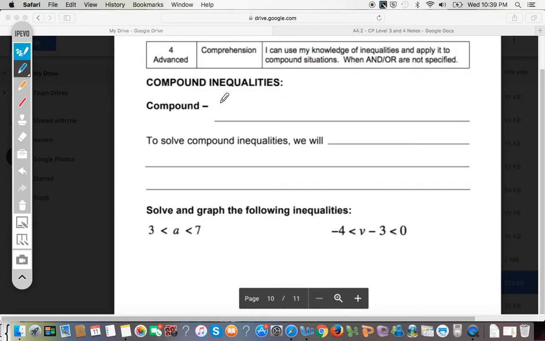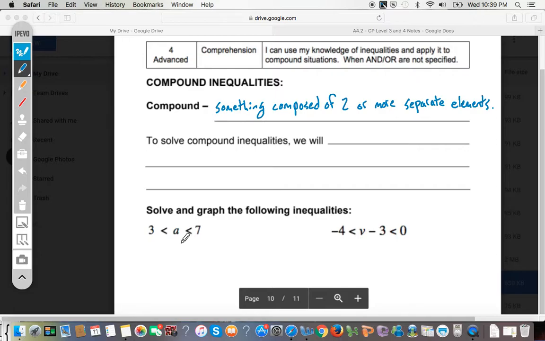So compound means something composed or made up of two or more separate elements. Okay, so if we take a sneak peek down here, we have two inequalities within one equation here.